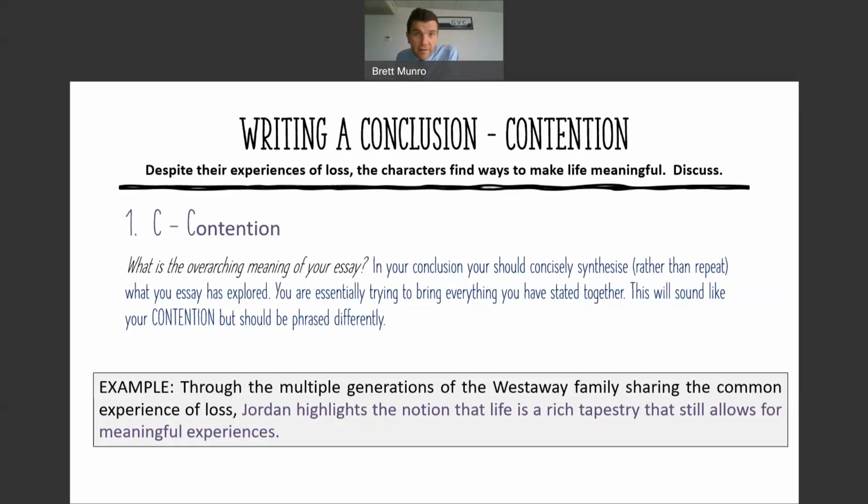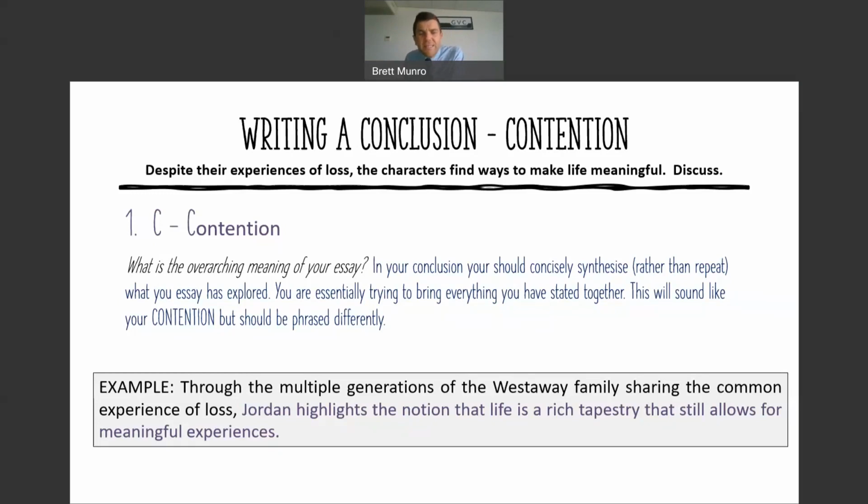So an example would be, we have our sample prompt: Despite their experiences of loss, the characters find ways to make life meaningful. Discuss. Our example is here. Through the multiple generations of the Westaway family, sharing the common experience of loss, Jordan highlights the notion that life is a rich tapestry that still allows for meaningful experiences.